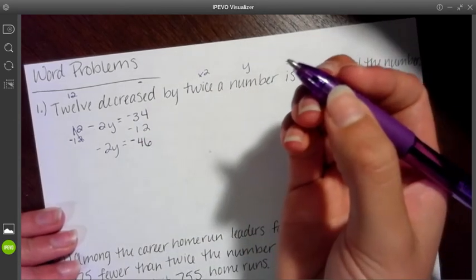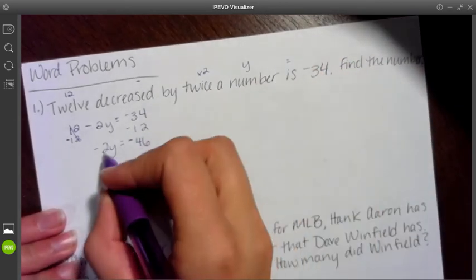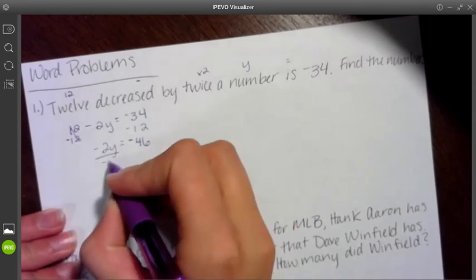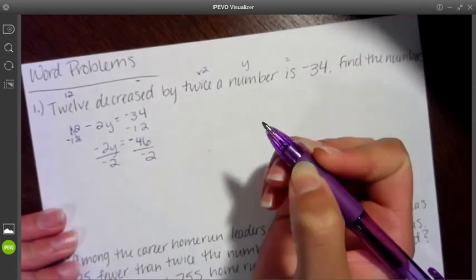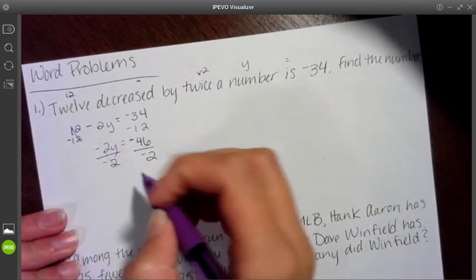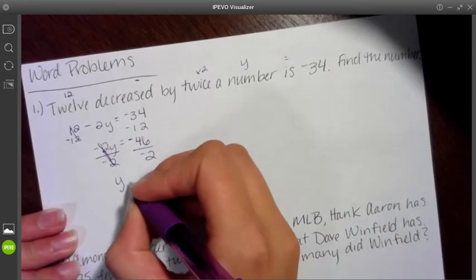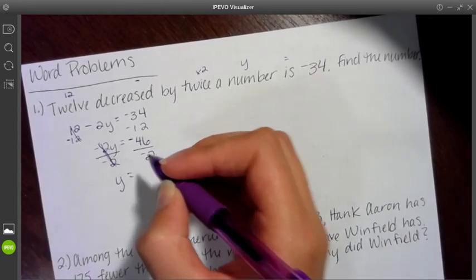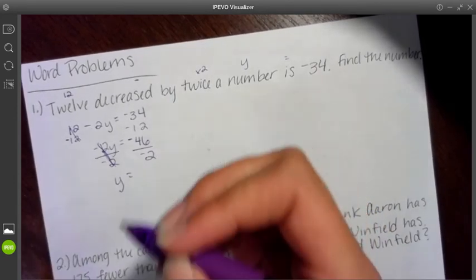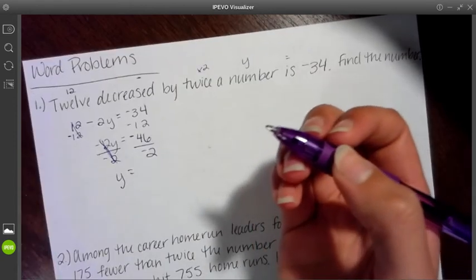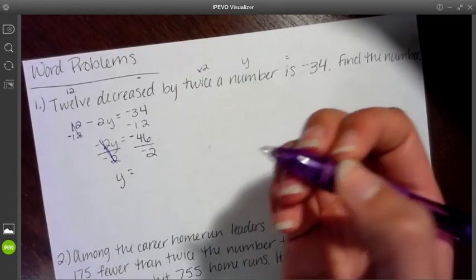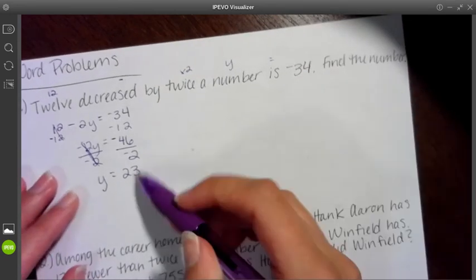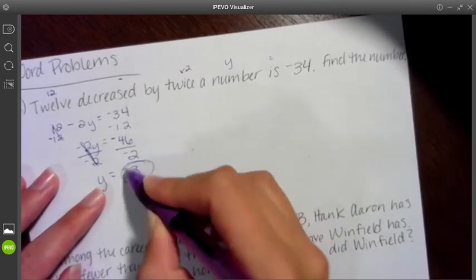Okay, cool. Now, still getting y by itself. We're multiplying by negative 2 here, so I'm going to divide by negative 2 and do that to both sides. So those negative 2's will cancel, so I'm left with positive y. Negative 46 divided by negative 2. A negative divided by a negative is a positive. So what's 46 divided by 2? That would be 23. So find the number. Well, the number would be 23.